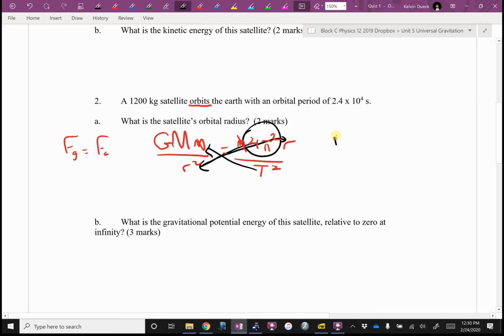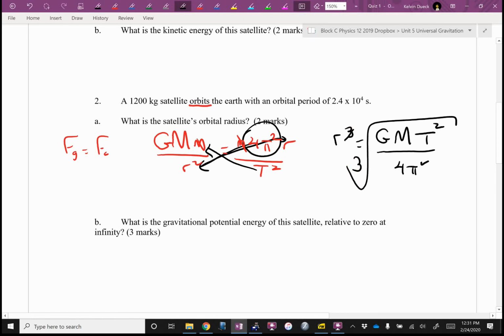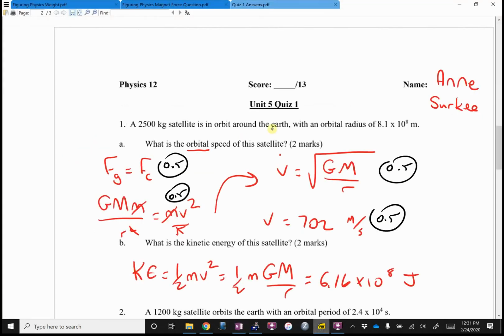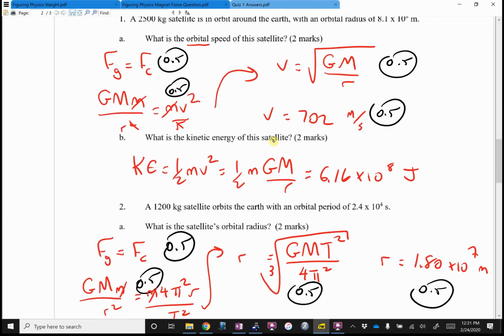And that's going to give me r cubed equals big G, big M, t squared all over 4 pi squared. Evan, how to get rid of a cubed? You mean I get to use the cube root button? Oh boy, it's always nice when I get to use the cube root button. And when I carefully crunched the numbers, I got 1.80 times 10 to the 7th meters.